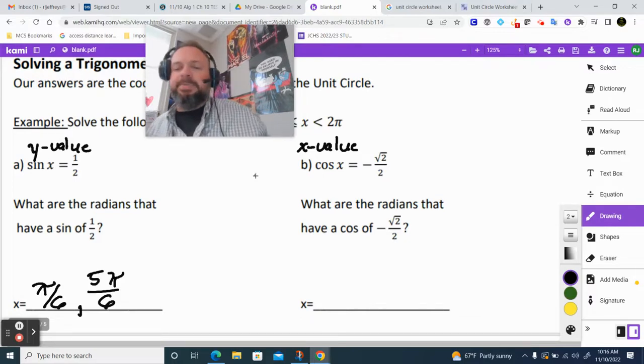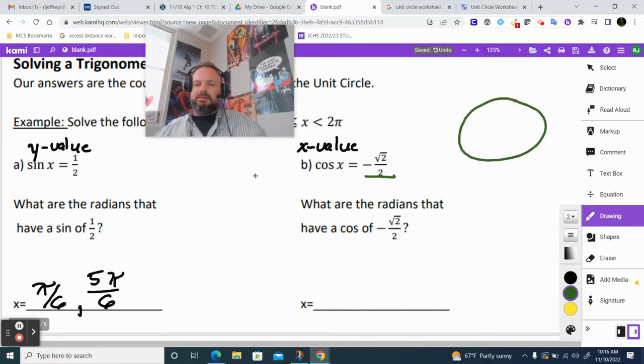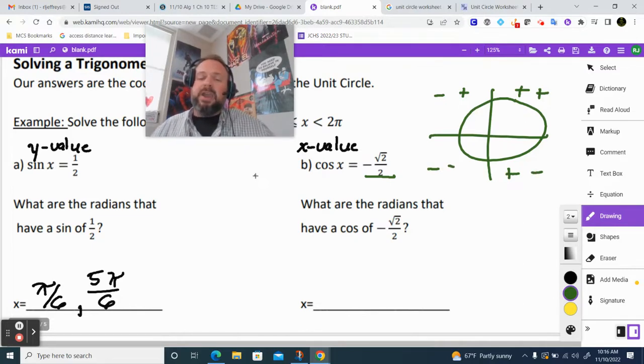Okay. Now, this right here, our cosine, that's our x value, x coordinate. This has a negative. In our unit circle, remember these are both positive. This is negative and positive. These are both negative, and this is positive, negative. What quadrants is this going to be where our x value is negative?